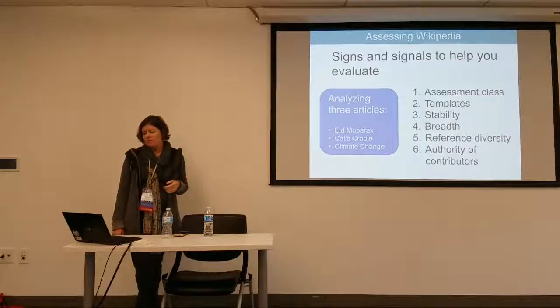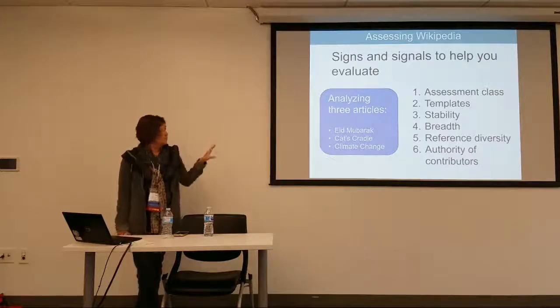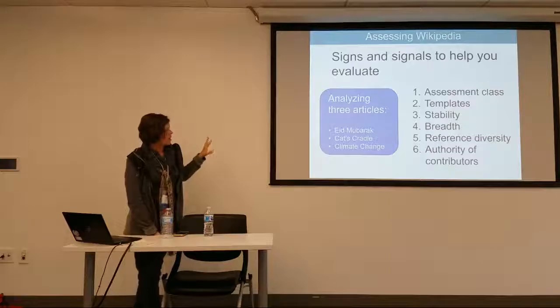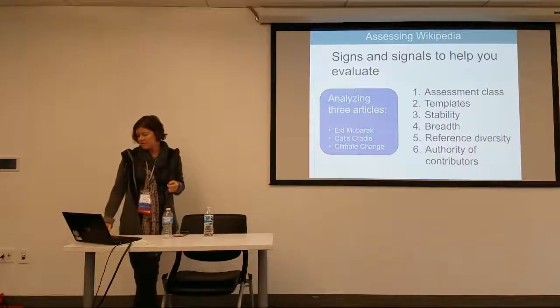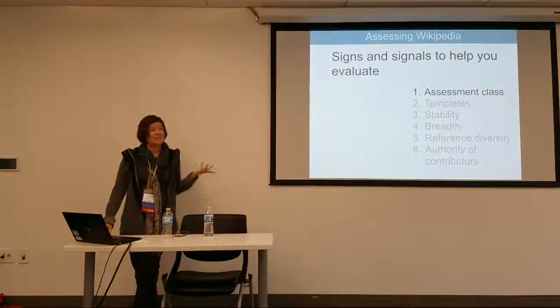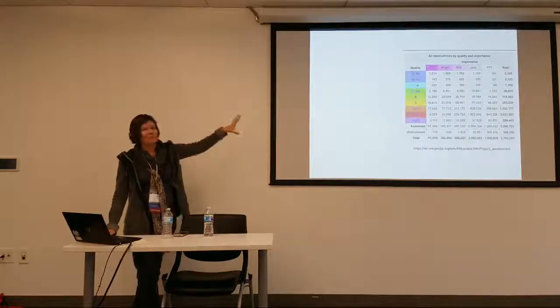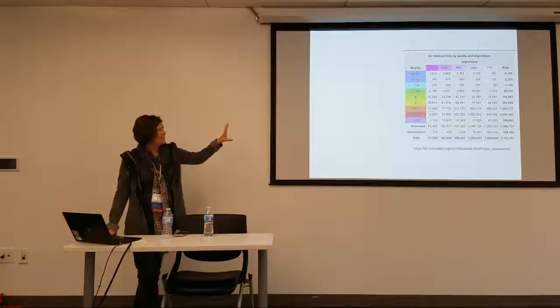We had an exercise where we had people walk through assessing three articles, and we're going to step through some of these things. The first thing is assessment class. You remember we went through this by now familiar, somewhat perplexing grid.